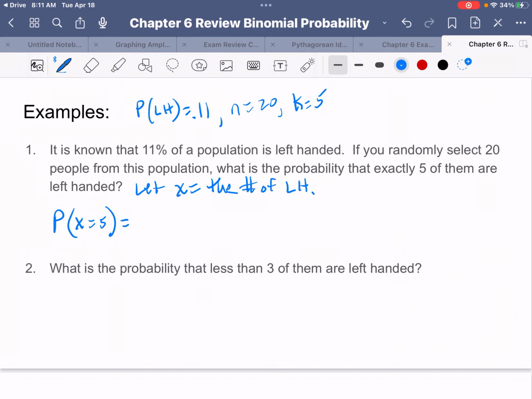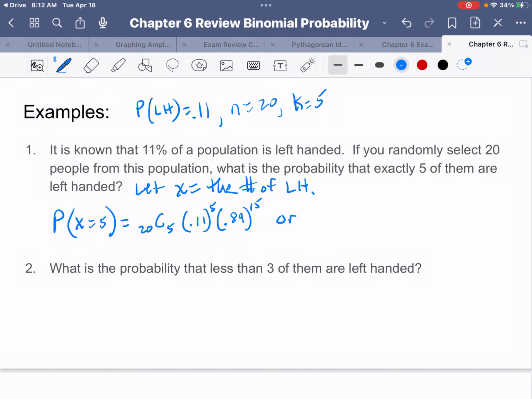Well, that's equal to 20C5 times the probability of success, which is being left-handed, to the k power, times the probability of failure, meaning 1 minus 11%. So there's an 89% chance of being a non-left-hander, to the 20 minus 5 power.